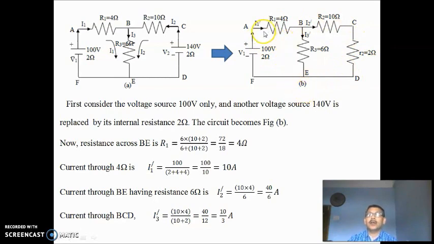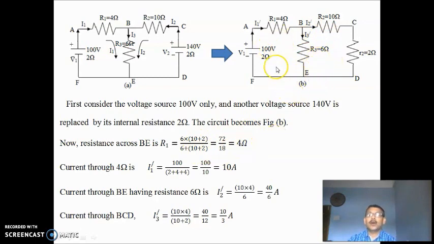Then we have to calculate the current through different resistances in a simple way. Here, these two resistances are in parallel, and this parallel resistance is in parallel with this RT resistance, and therefore we can calculate the equivalent resistance. And the equivalent resistance across BE will be 4 ohm. Okay.